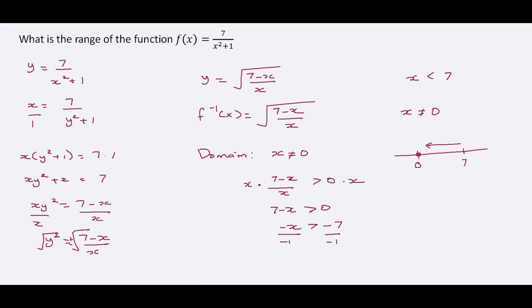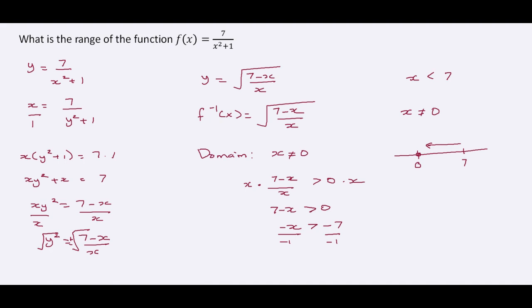So based on this, one of the things we're going to see here is if we have a negative value for x, we're going to make this function under the square root sign negative. So what we're going to end up with is only numbers between 0 and 7.